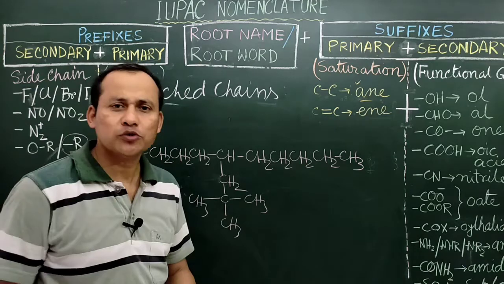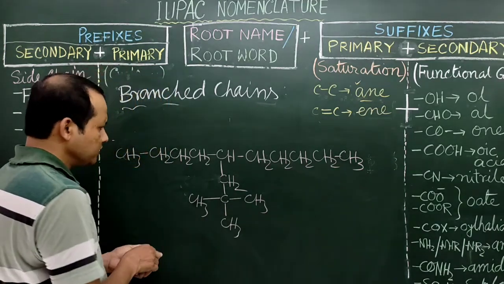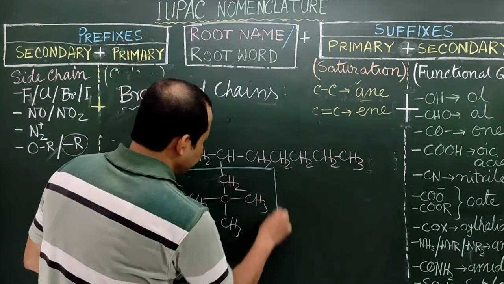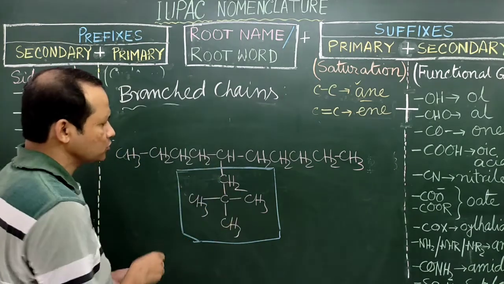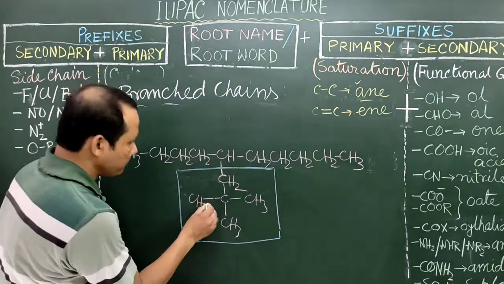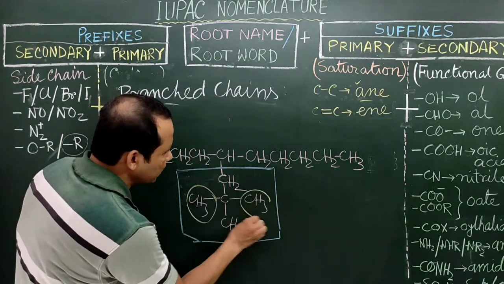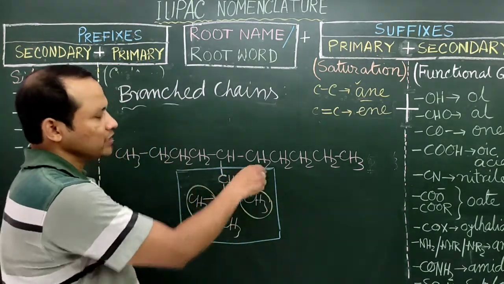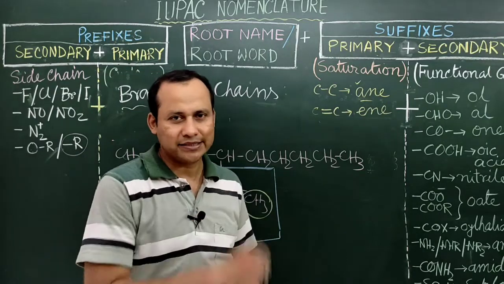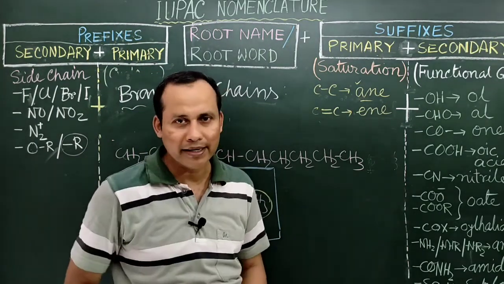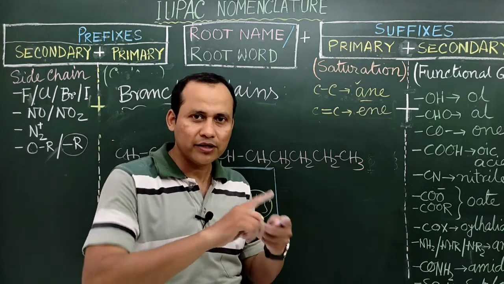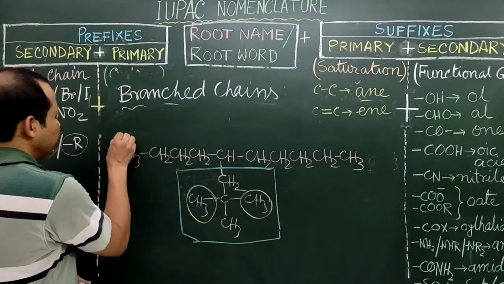Now look, this is one example where this is the side chain, and from this picture it is clear that the side chain is not so simple. Now if this type of branching is there in the side chain, the side chains are called complex side chains. Now what are the rules followed to give the numbering of this thing? First of all, the main chain as usual.